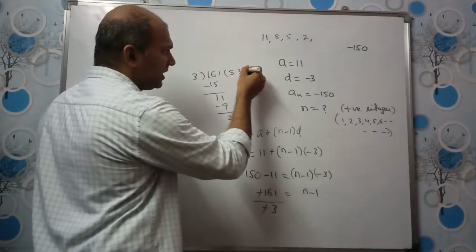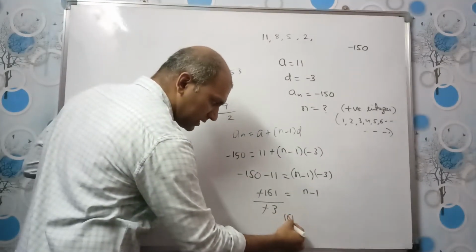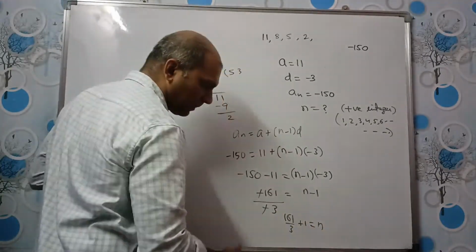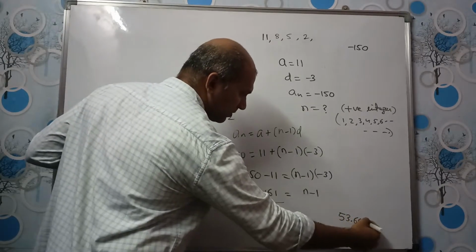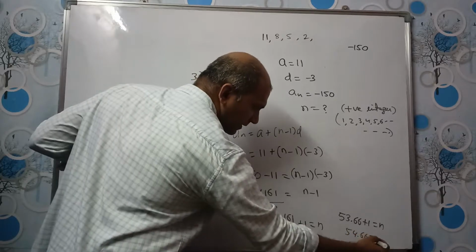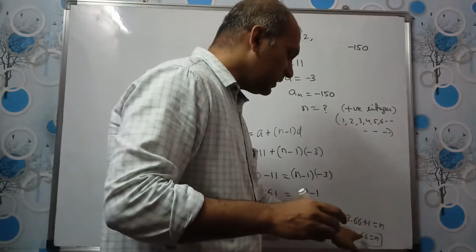Okay, so we have something like 53.66, right? So this is 161 by 3, and if 1 comes to this side, 53.66 plus 1 is 54.66, right? Is n a positive integer? It is positive, but it is not an integer.